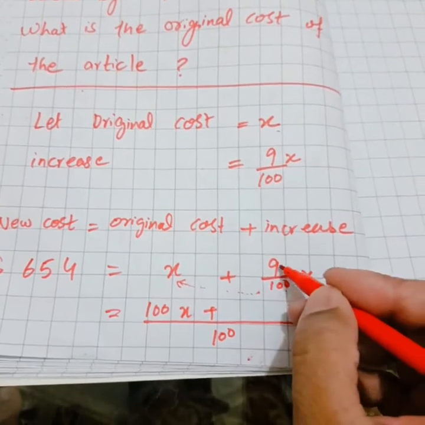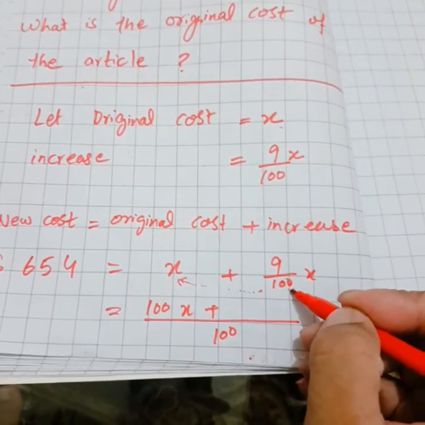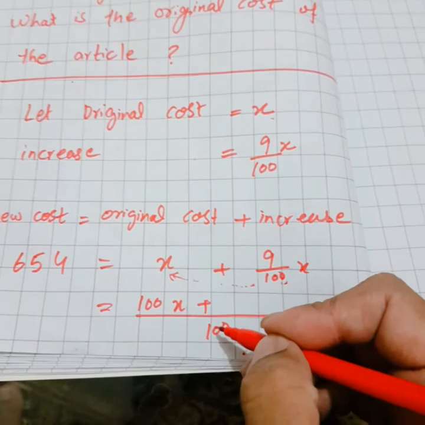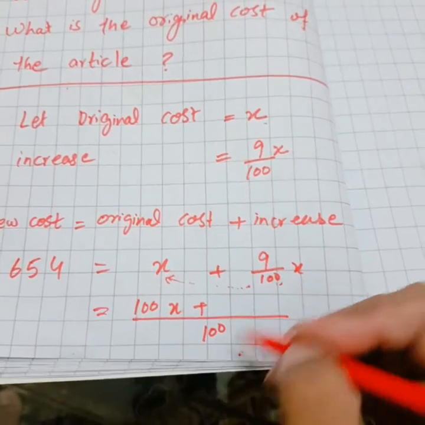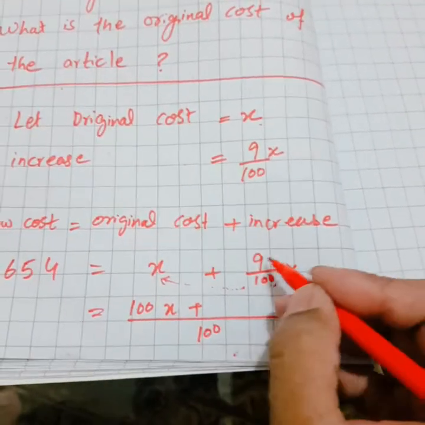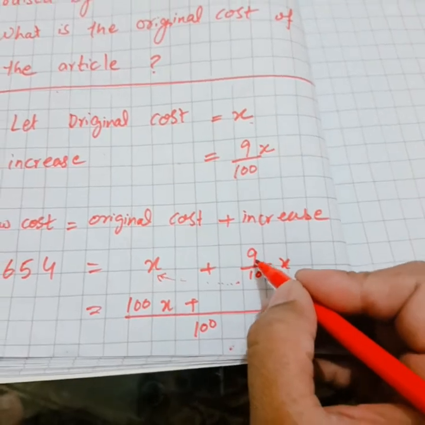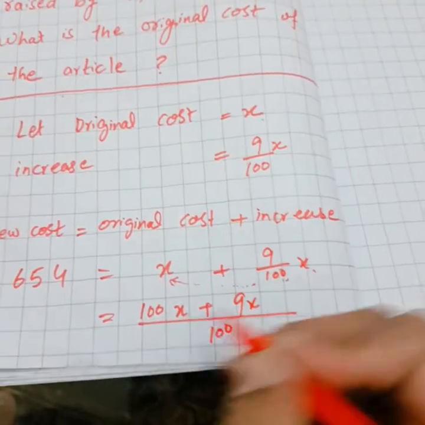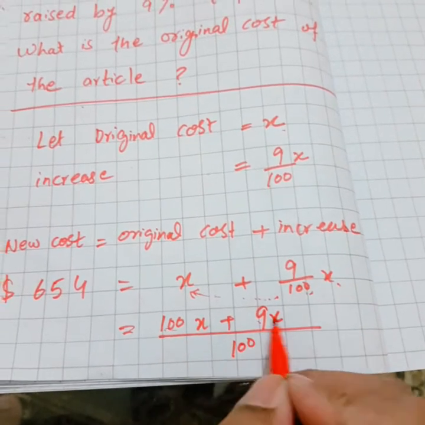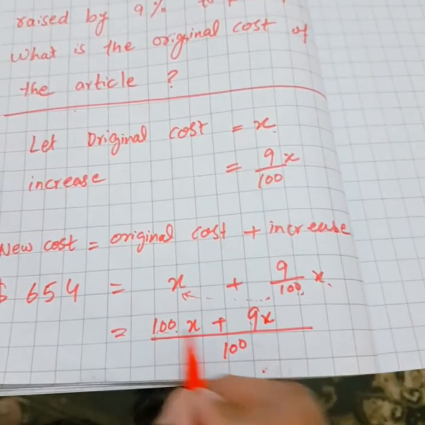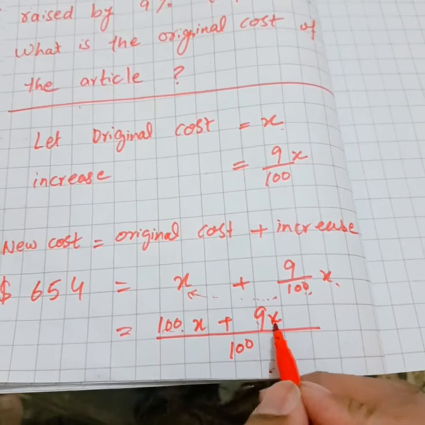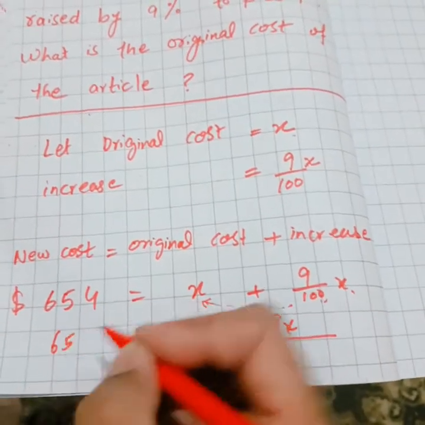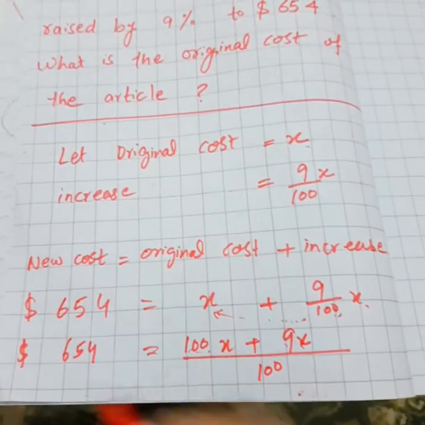I mean the 9's denominator is 100, so it is already in the LCM. So the thing which is already in the LCM, its numerator will be written as it is. Its numerator is not only 9, it is actually 9X. You should make sure both of these have the X. 100 is also having X, 9 is also having X. 654 will not be affected till now.